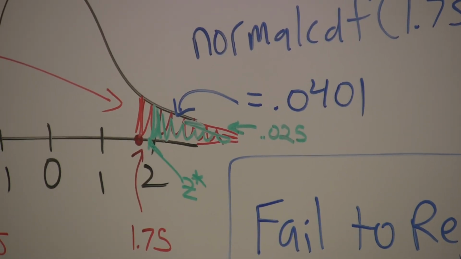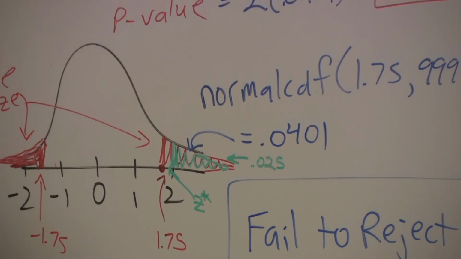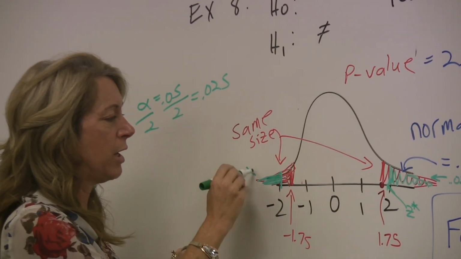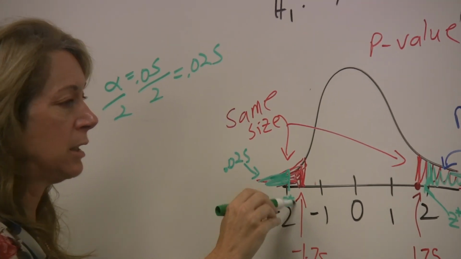Take your alpha divided by 2. Your critical values always come from alpha. And then similarly, there's going to be another one on this side that has the same area of 0.025.